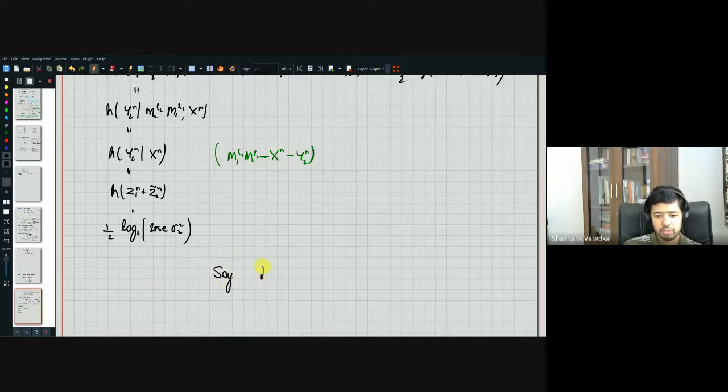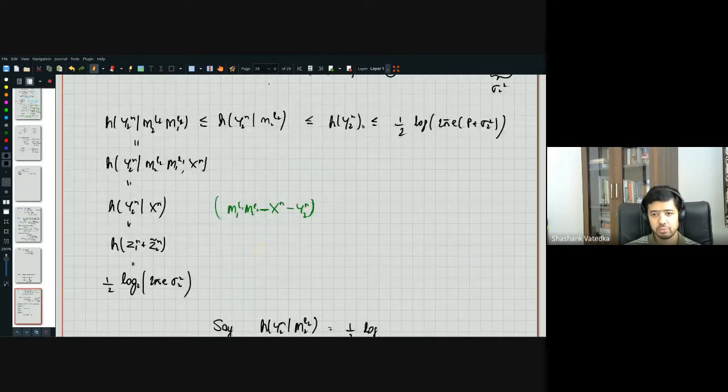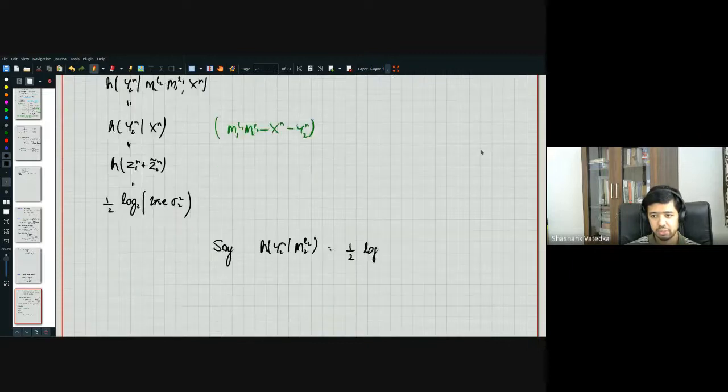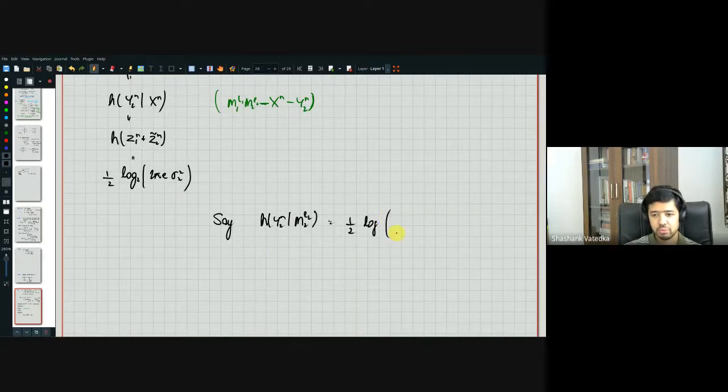so let's say that h of y2n given m2, L2 is some number. This is h of y2 given m2, which is going to be some number between this number and this number, so something in between. So this is equal to half log 2 pi e times some alpha p plus sigma 2 square. When alpha equals 0, you get this number.